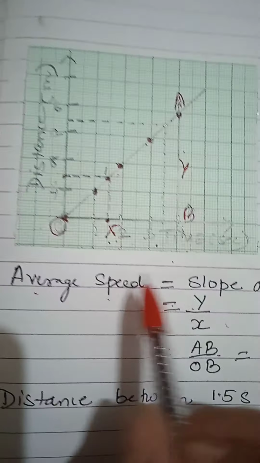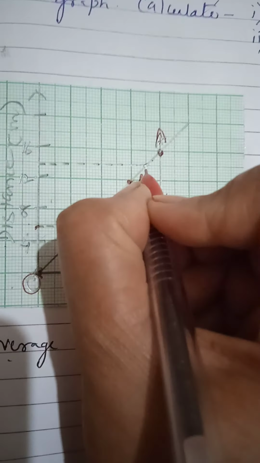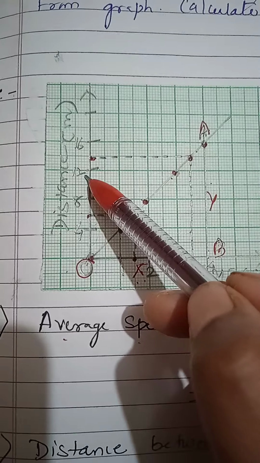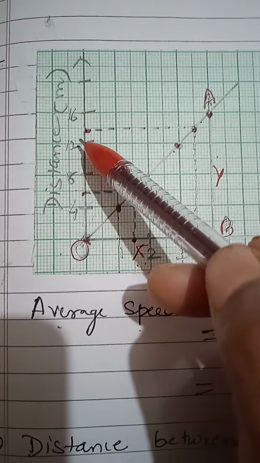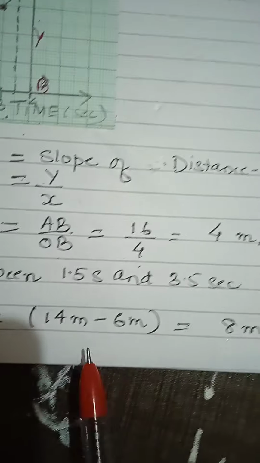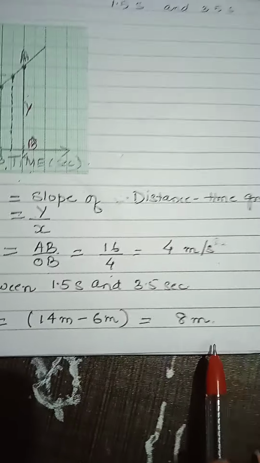So this one will be 6. And another time is given 3.5 second. This is 3, this is 4. So 3.5 will be this one. If you join this distance, this one will be 14. So 14 minus 6 is equal to 8 meter.